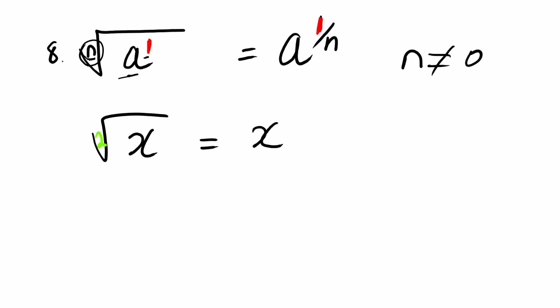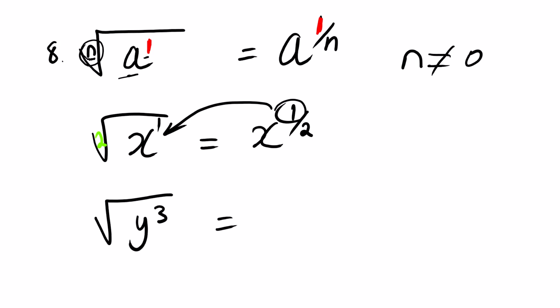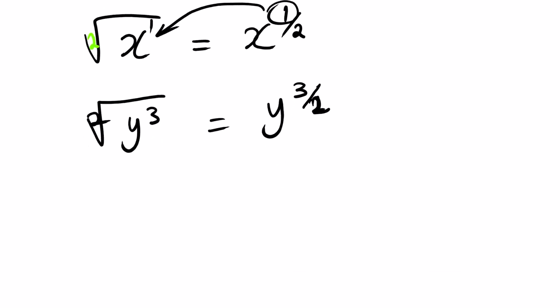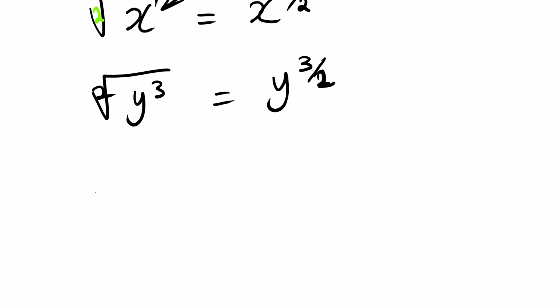So actually this is x to the power 1 over 2. So suppose we have a different term which is like this, square root of y to the power 3. This is the same as y to the power 3 over 2. Remember there's 2 here. This is the same as a to the power 1 over 4.